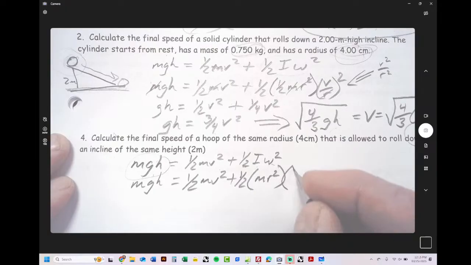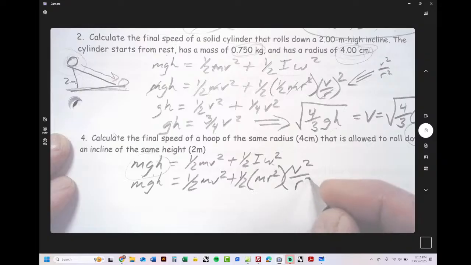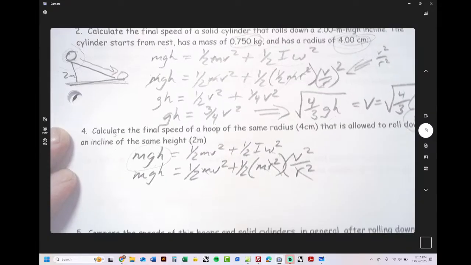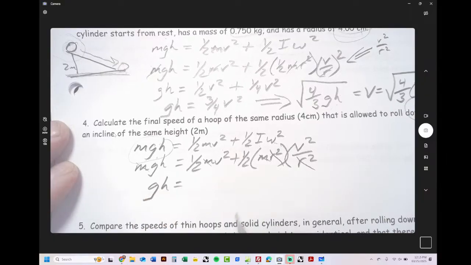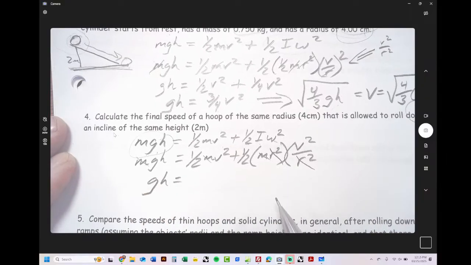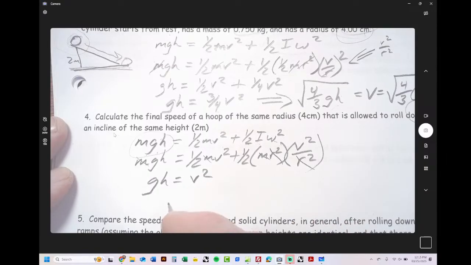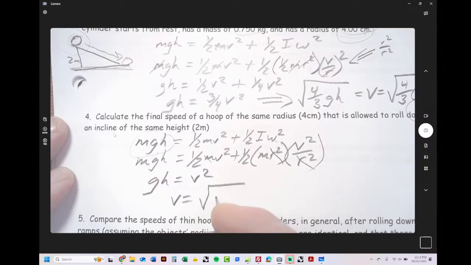If you square it, you get v squared over r squared. The r's cancel, all these m's cancel. So we have gh plus how many v squared this time? 1. So it's just gh equals v squared, so v equals the square root of gh.